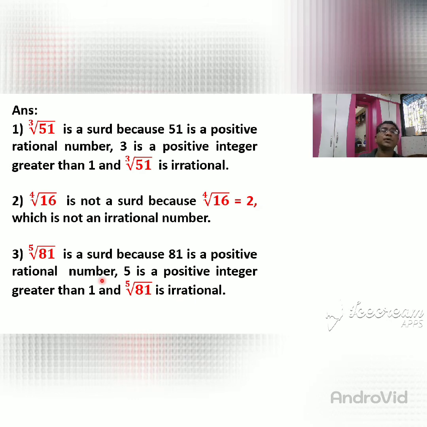The fifth root of 81 is a surd because 81 is a positive rational number. Why? Because we know the square root of 81 is 9. And 5 is a positive integer, and this 5 is greater than 1. The fifth root of 81 we don't know, so it is an irrational number, so it is a surd.